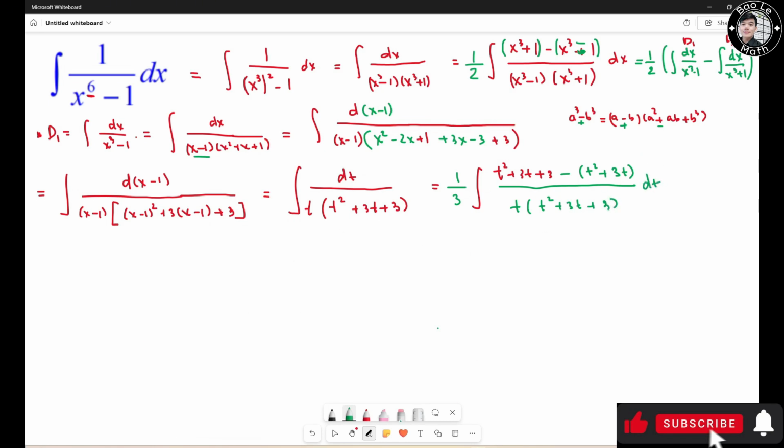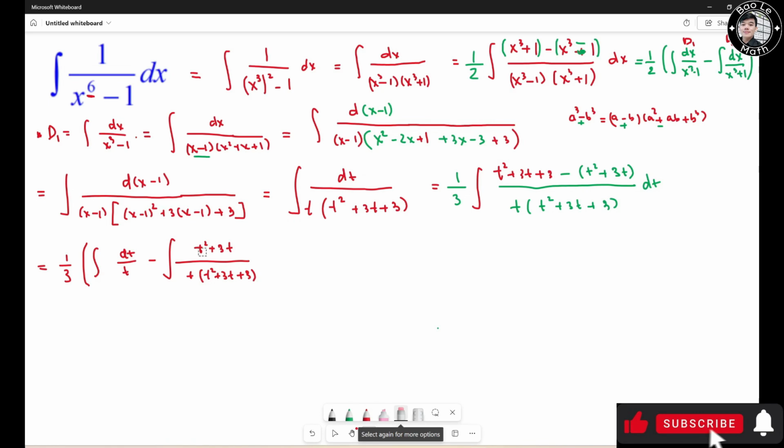Now I'm going to split this guy up. So this guy turns out to be 1/3. Now this guy divided by this guy turns out to be the integral of dt over t minus. Now the second one, I have the integral of t squared plus 3t over t times t squared plus 3t plus 3.